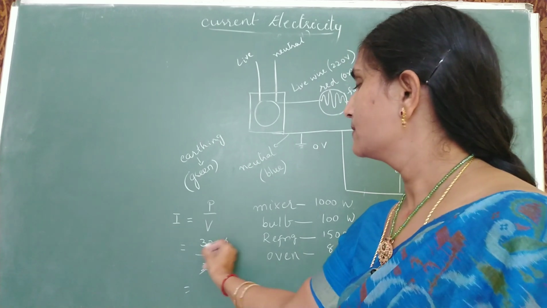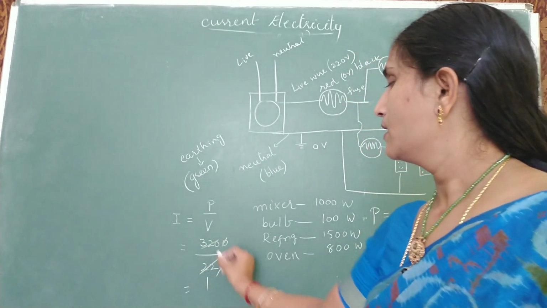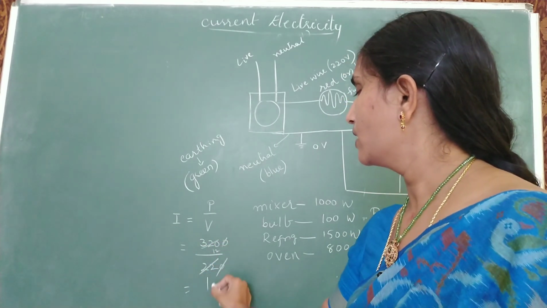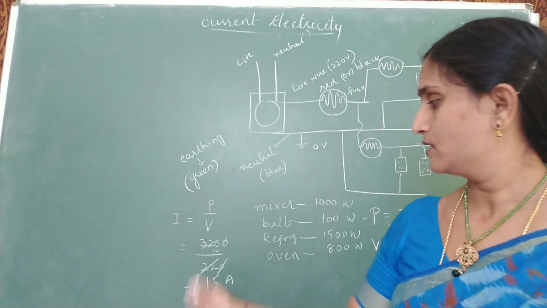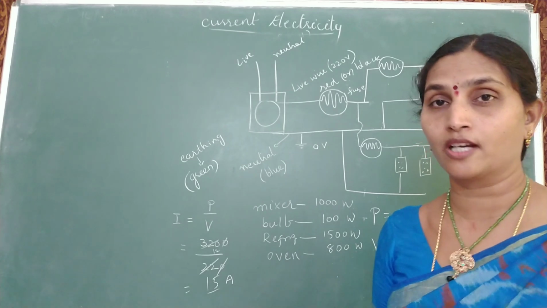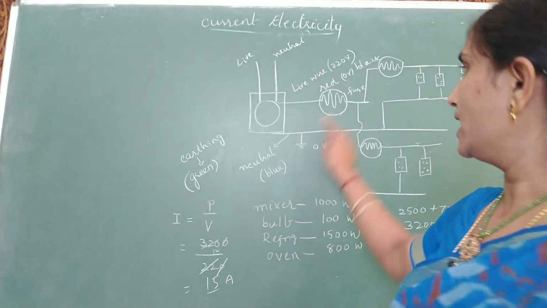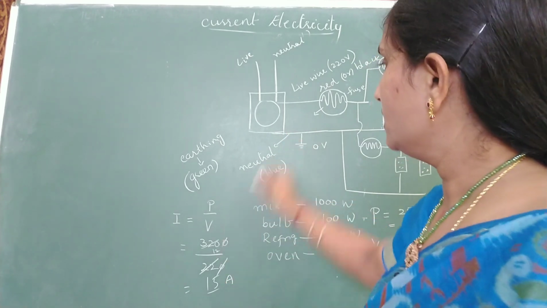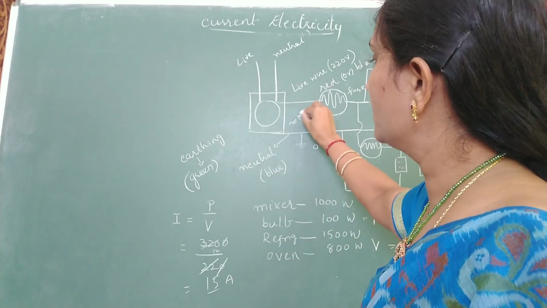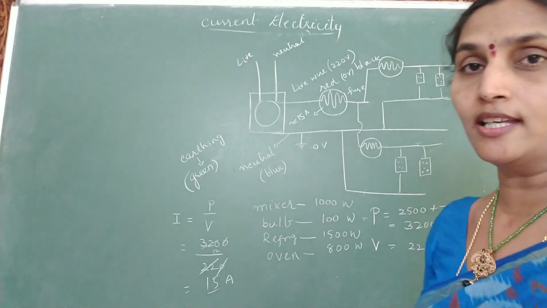Simplify it. Nearly 15, an approximate value I am taking. So we have got around 15 ampere. So select a fuse whose amperage is around 15, approximately 15 or 16 amp.